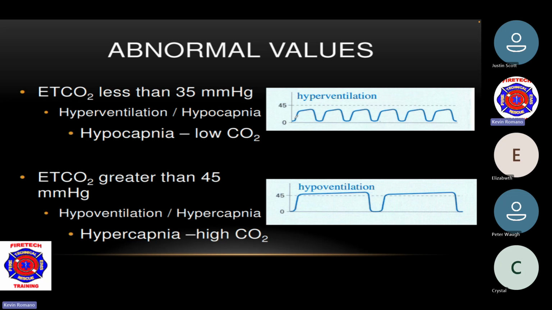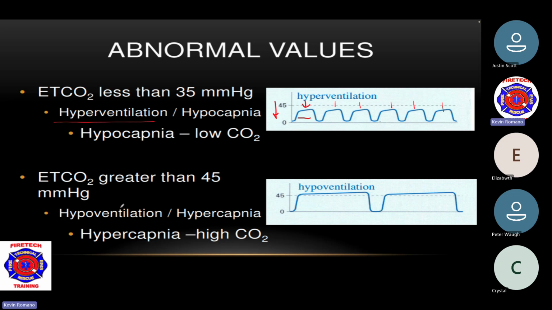As you look at the duration here, we're going to have shorter duration, shorter height, and more breaths per minute. So they're hyperventilating, which makes them alkalotic and hypocapnic. So low carbon dioxide makes them alkalotic, caused by hyperventilation.